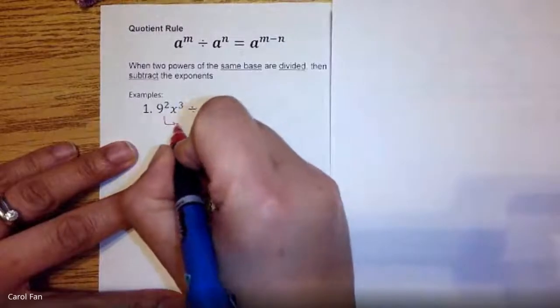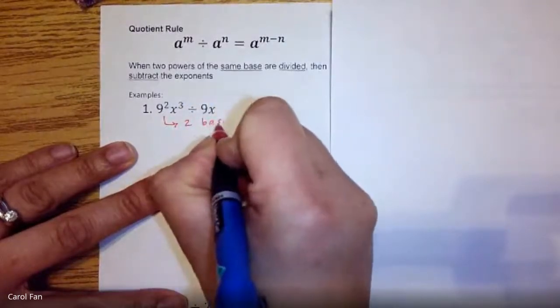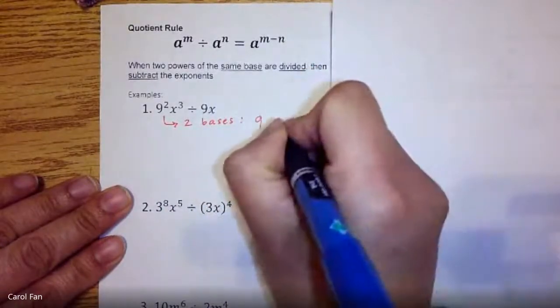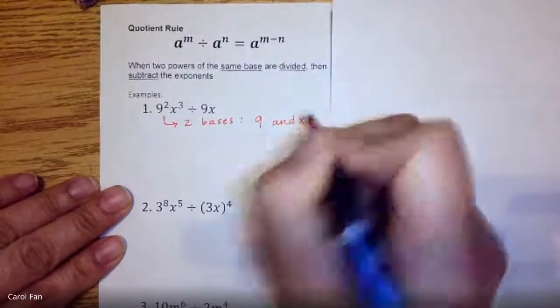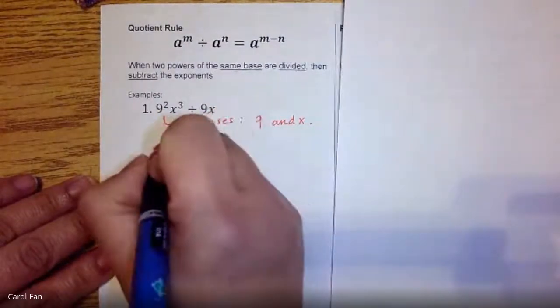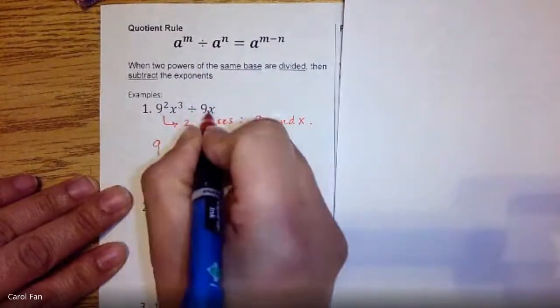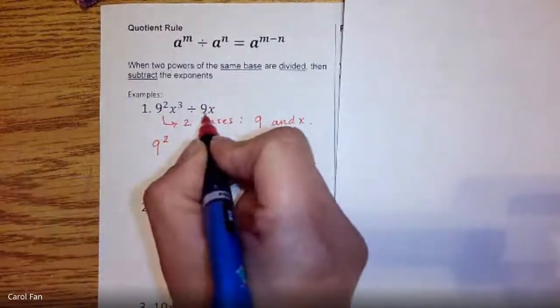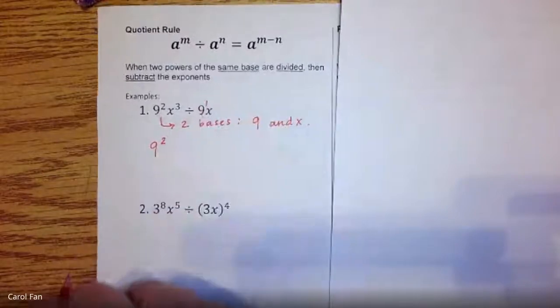I have two bases. The bases that I have are a 9 and an x, so I'm going to have to treat those separately. First, the 9 squared is being divided by a 9. Now, if I have a 9 without an exponent, it's like I have a 1.